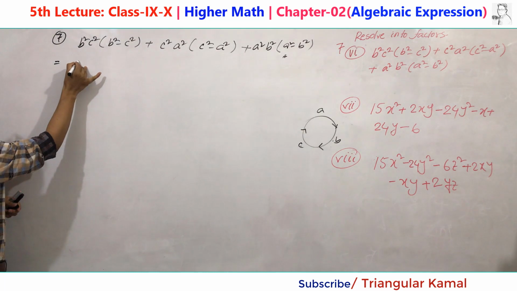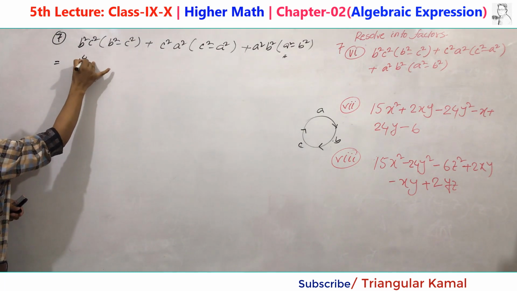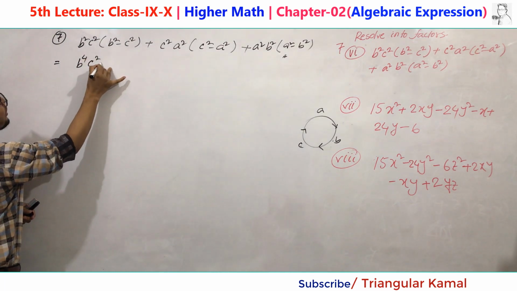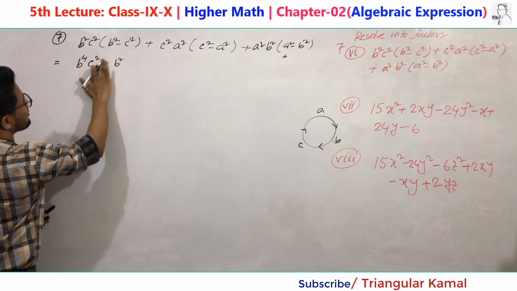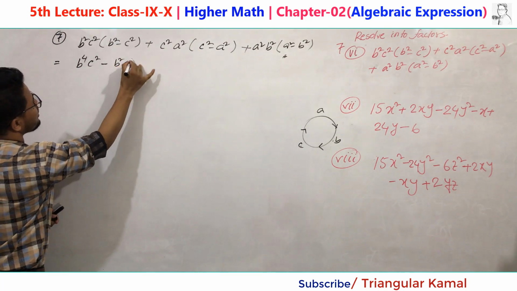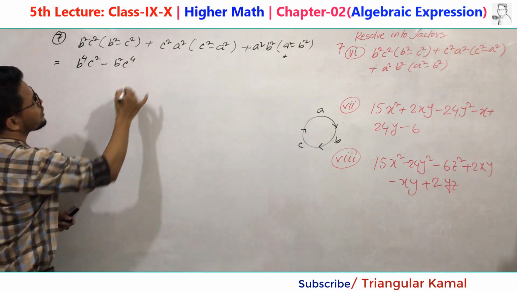Okay, do multiply here, b to the power 4 c square minus b square c to the power 4.